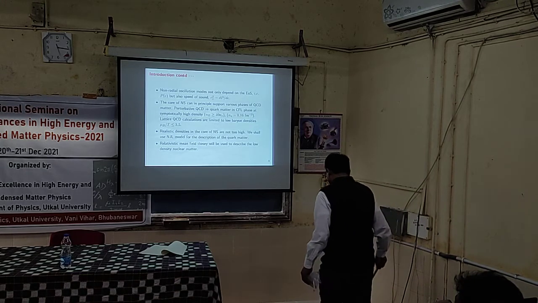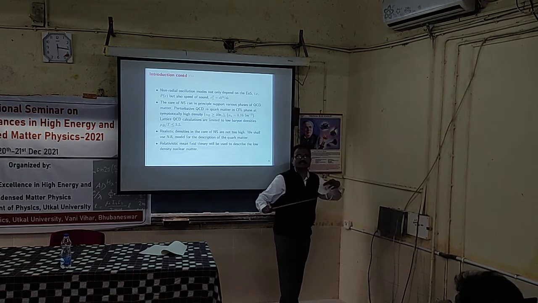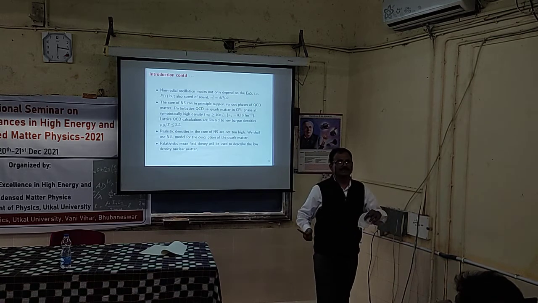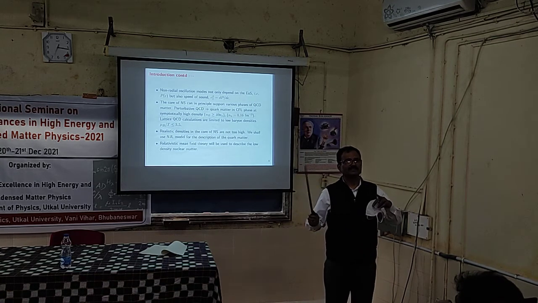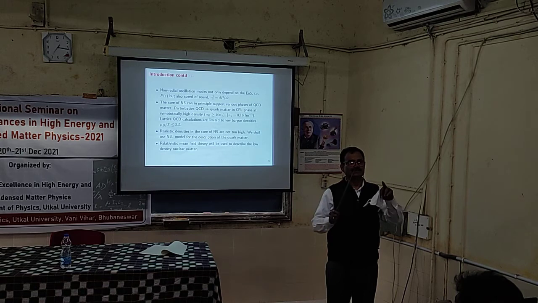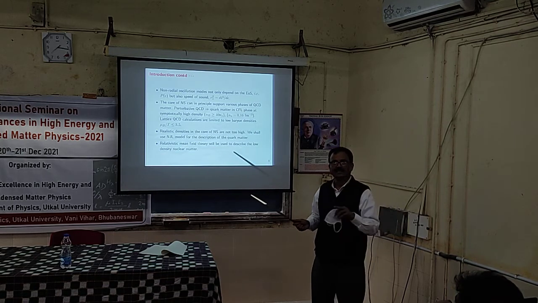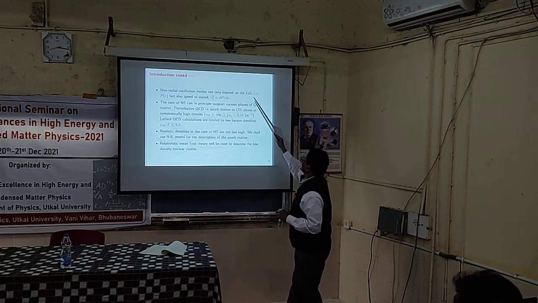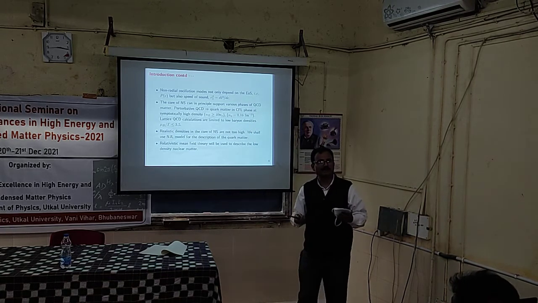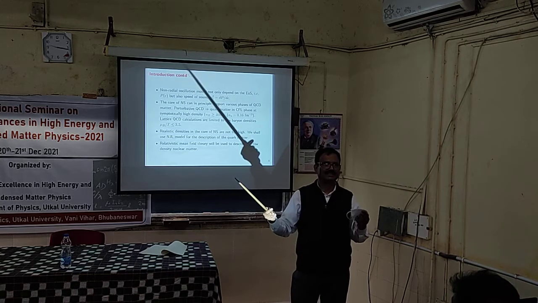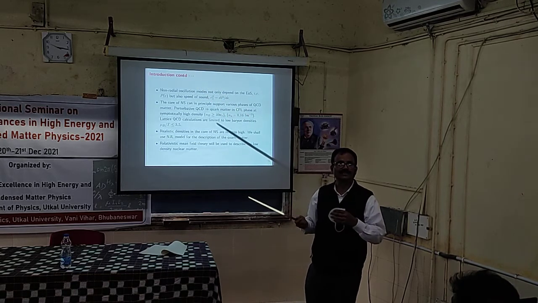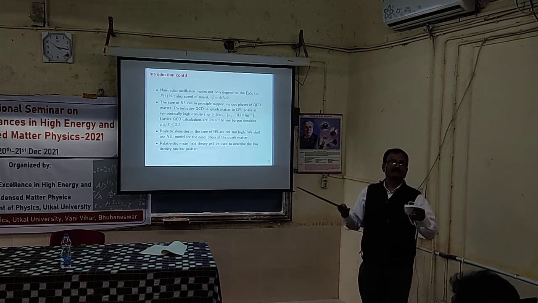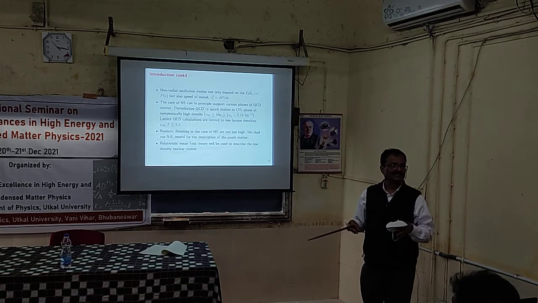As I said, the mass and radius of a star depend upon the equation of state, that is P versus epsilon, the relation between pressure and energy density. But this oscillation depends not only on the P and epsilon relation, but also on the derivative of pressure with respect to energy density.